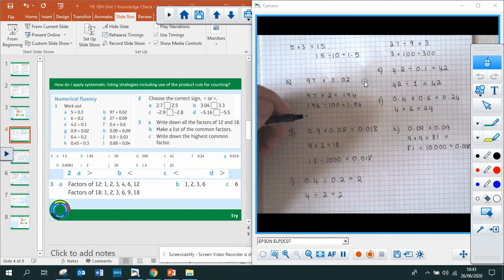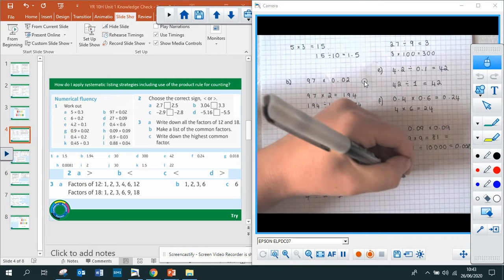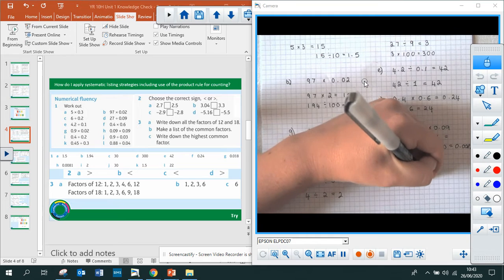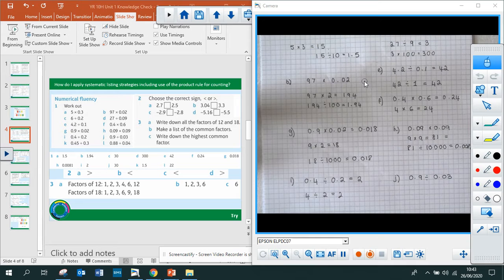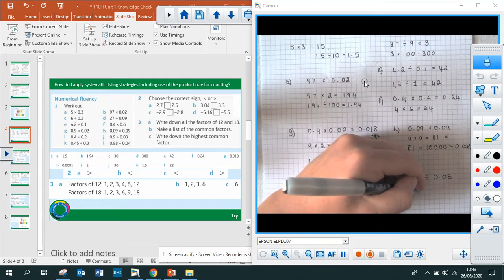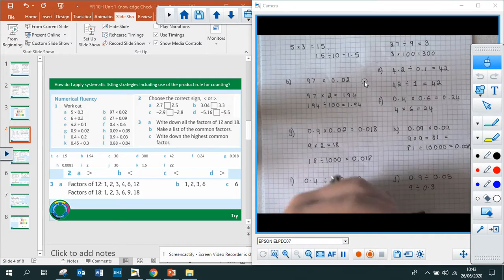Next one, we have J. We've got 0.9 divided by 0.03. Now we have to be careful here because we're going to be making 2 lots of changes. If I only made them both 10 times bigger, that would leave me with 9 divided by 0.3. That I still don't like.